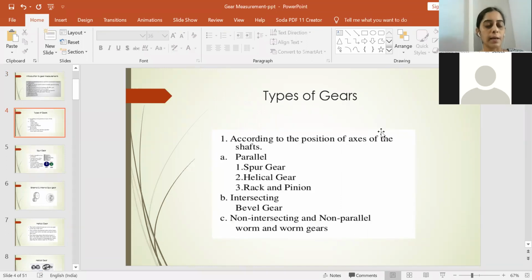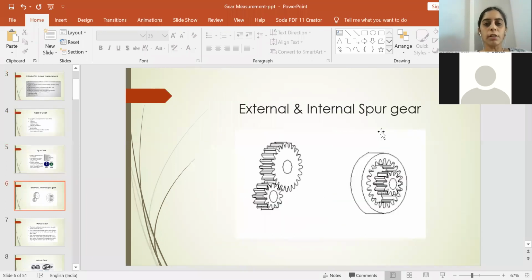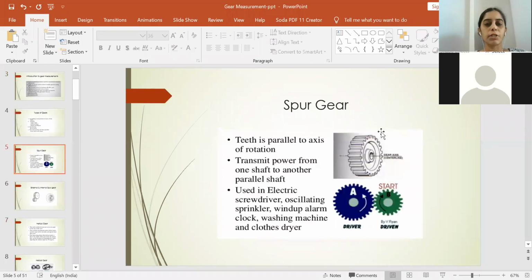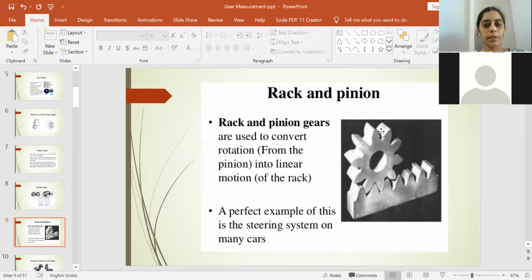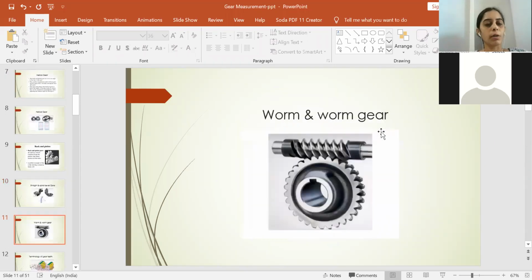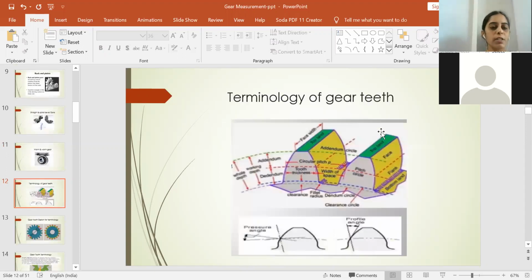We discussed the spur gear, helical gear, rack and pinion, bevel gear, worm and worm gear, in depth, related to the concept of gears and their classifications.